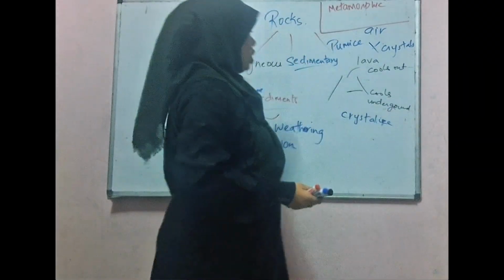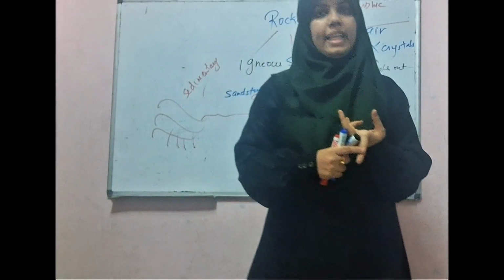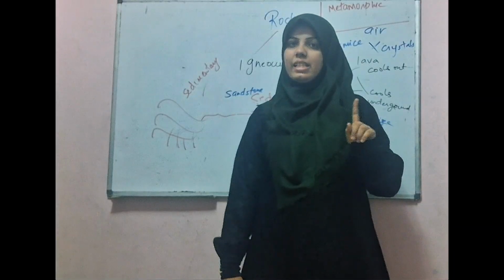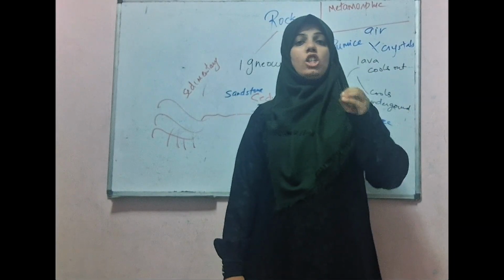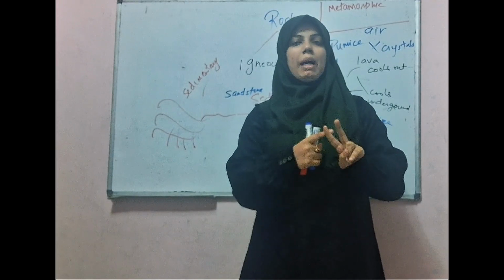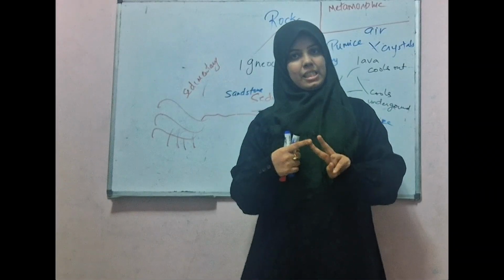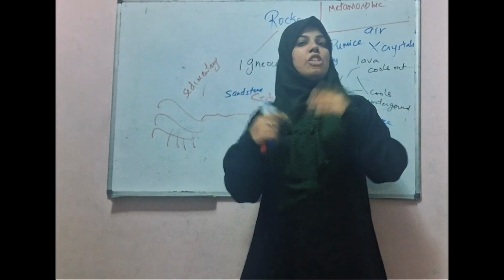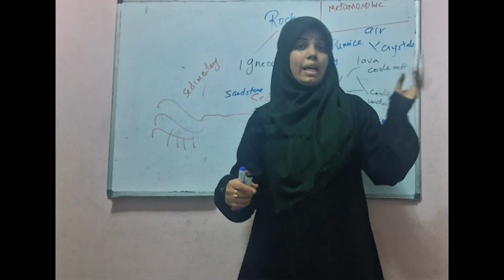Now, to sum this up, there are three types of rock: igneous, sedimentary, metamorphic. The first is igneous, the rock which is found on the earth's surface because of magma. Magma, two ways: if the magma cools inside underground, it forms crystals. If the magma comes out, which is now called lava, it does not form crystals because it cools very quickly, but it will have air bubbles.